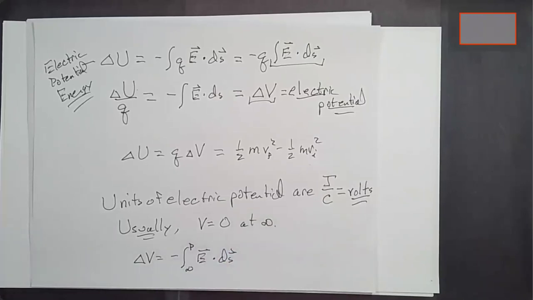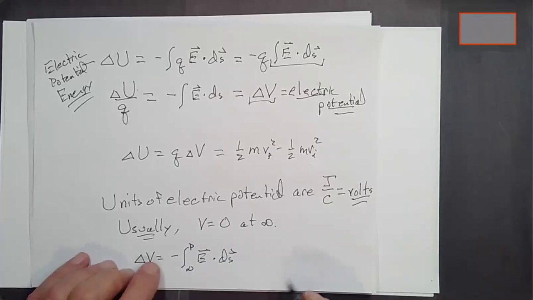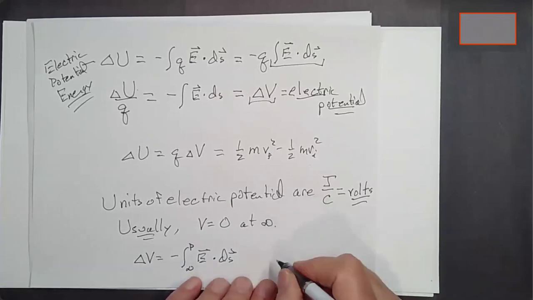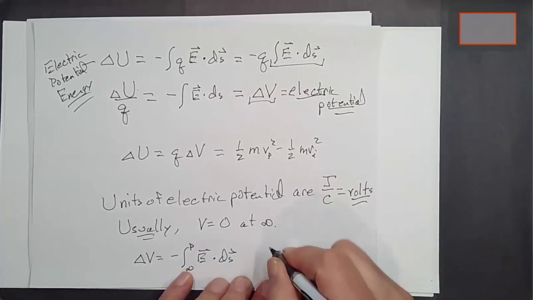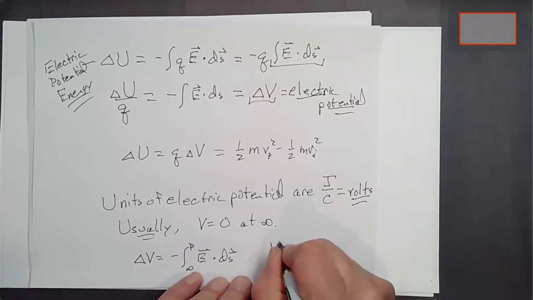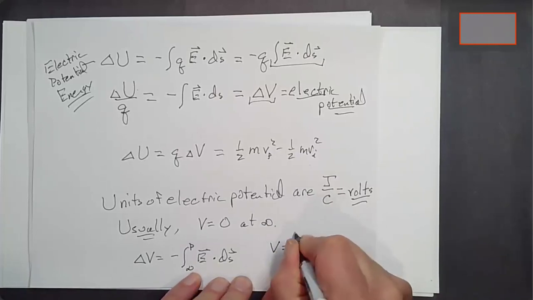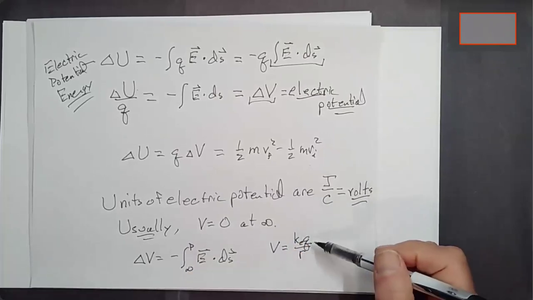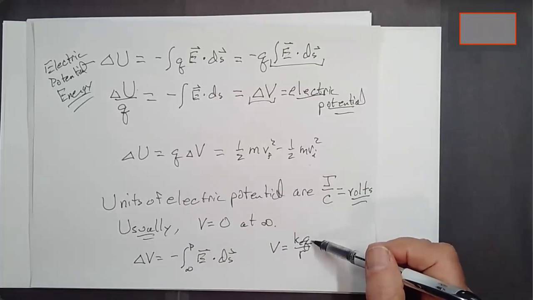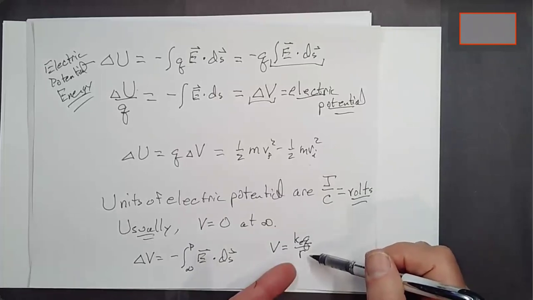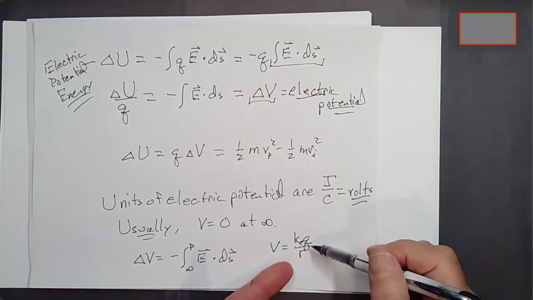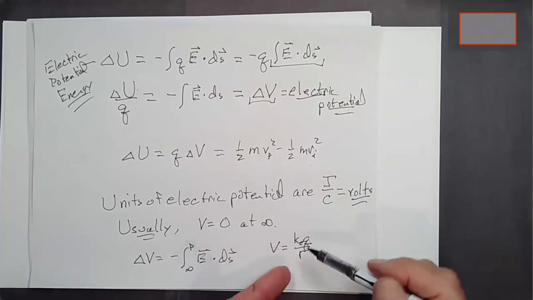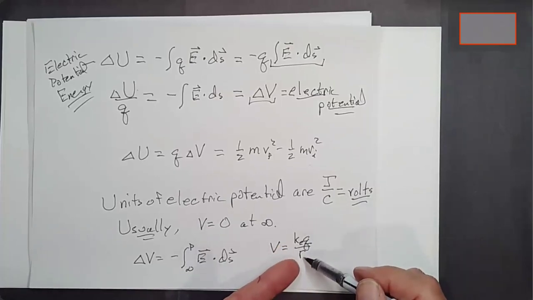And when we do that, we find out that the electric potential of a point charge ends up just equaling K sub E Q over R. Okay, if Q happens to be a positive charge, this is going to be a positive value. You can't have a negative R when you're talking about a distance here.